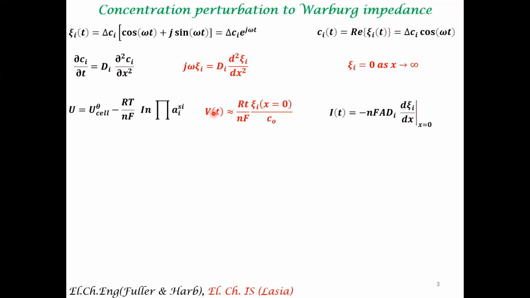So with that, the relevant boundary conditions and all the necessary conditions for solving this differential equation are available to you. And the expression for current is given by this equation. Again, we have discussed this in the past. So the impedance for this particular system can be written in this form, right?